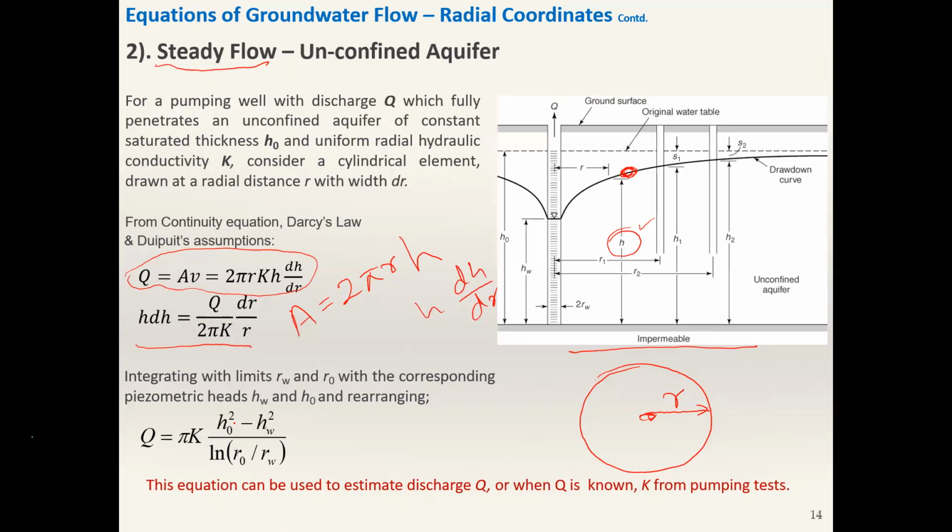It can be when H is equal to H naught, or hydraulic head at the radius of influence, or it can be where H is equal to HW, water level at the well, or it can be H1, H2. Somehow what we need is two boundary conditions. You can find out the hydraulic conductivity, right?